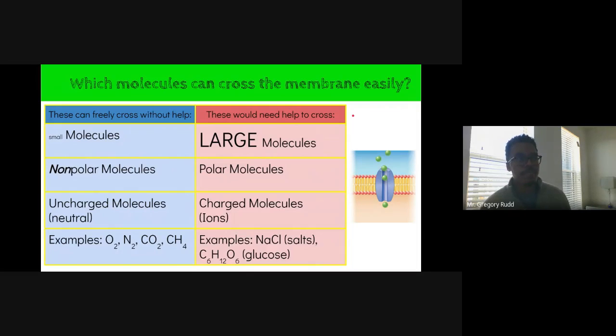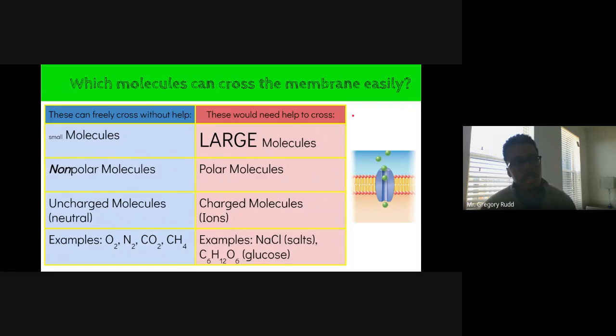They have to be nonpolar though. And the reason for that is a chemical reason, so I won't say too much about it. But the reason they have to be nonpolar is because the hydrophobic region of the cell membrane is also nonpolar. So those fatty acid tails that kind of face one another in the inside of the membrane, they're nonpolar.